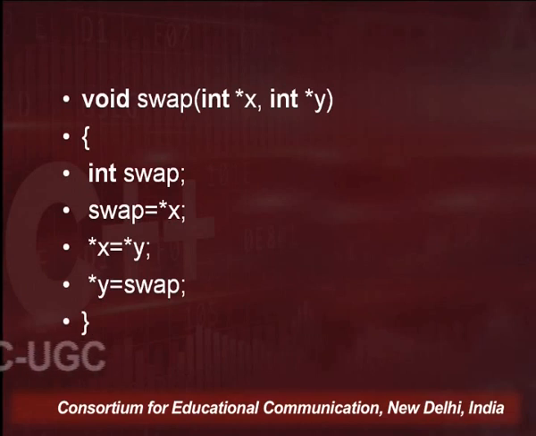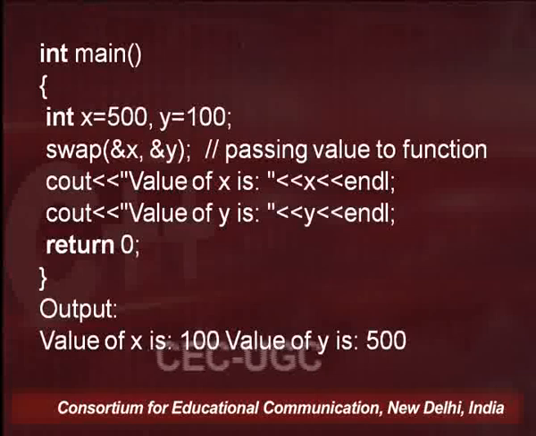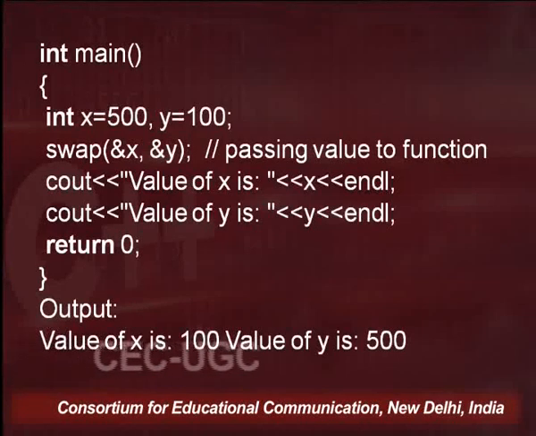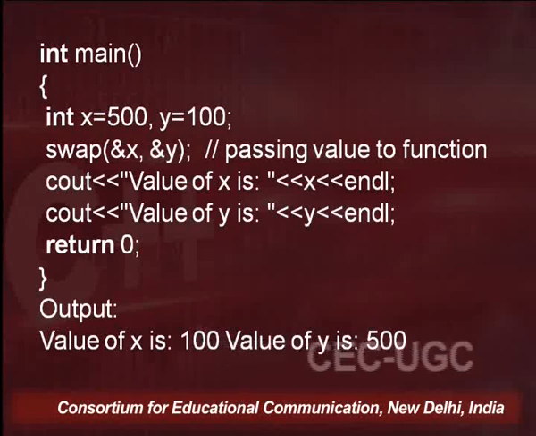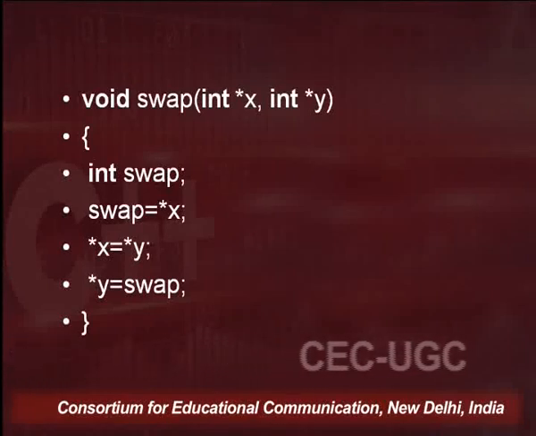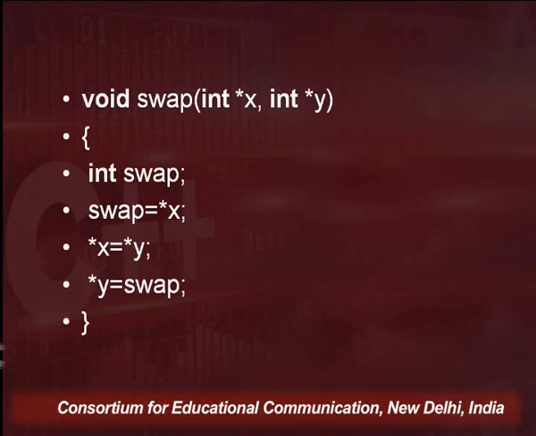Now let's see how this function swap is used in the program. Let's say x is equal to 500 and y is equal to 100, and while calling the swap function, please remember that the swap function has pointer variables of type integer. I have already told you at the start of the functions that there has to be a clear match between the formal parameters and the actual parameters, in terms of their types, their number and their order too.